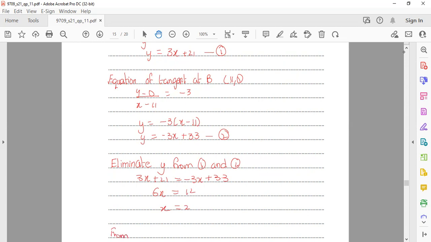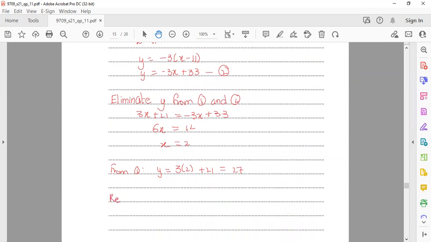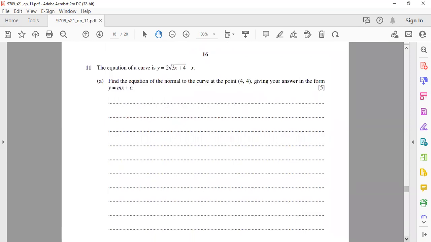From equation number 1, y is equal to 3x, which is 2, plus 21. So 6 plus 21 is 27. Therefore, the required coordinates for the point of intersection are 2 and 27.